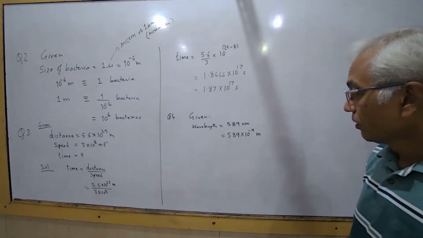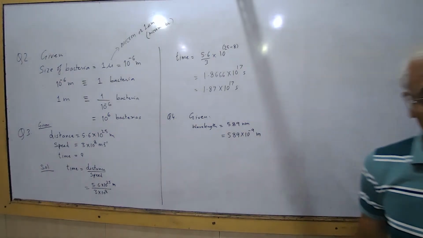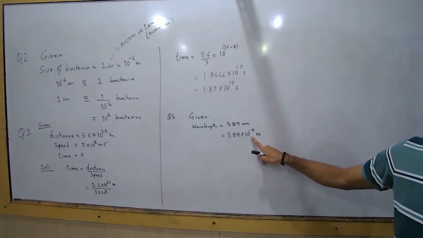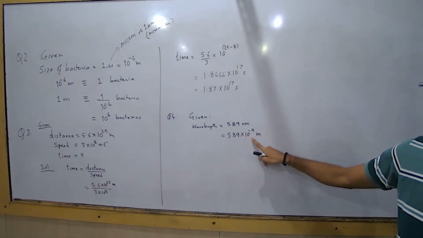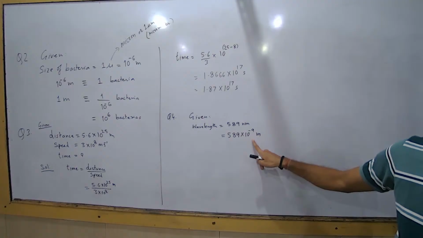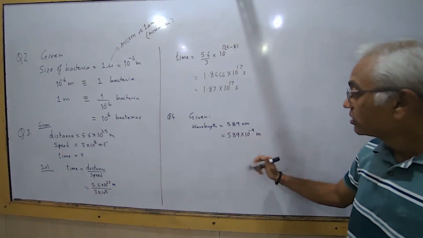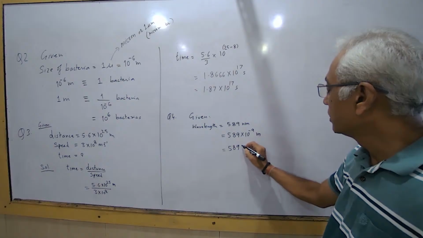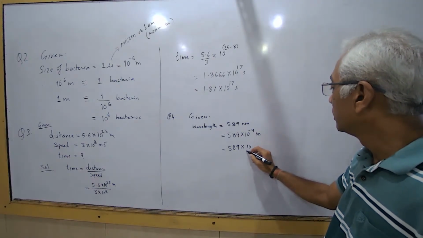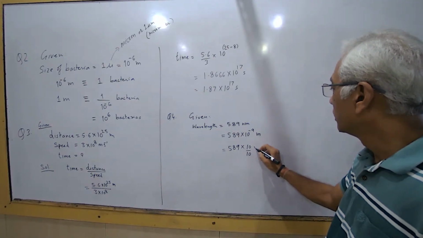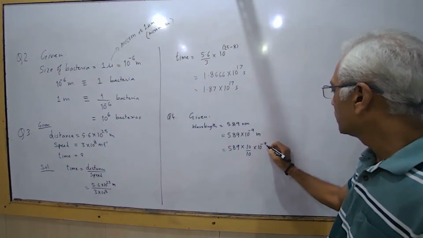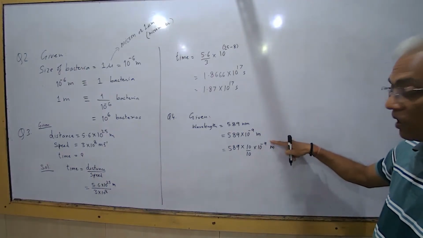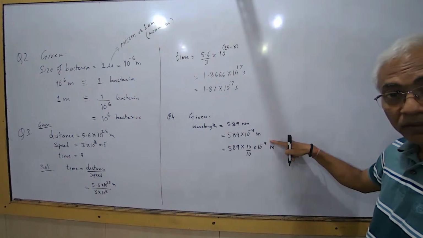Then what is angstrom? It is 10 raised to minus 10, right? So we need to make this 10 raised to minus 10. Then what will we do? We'll multiply and divide by 10, correct? So this can be written as 589 into 10 divided by 10, into 10 raised to minus 9 meter. Okay, so this 10 will add up with the 9.